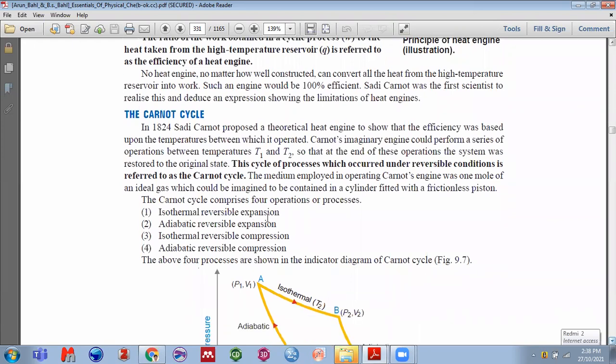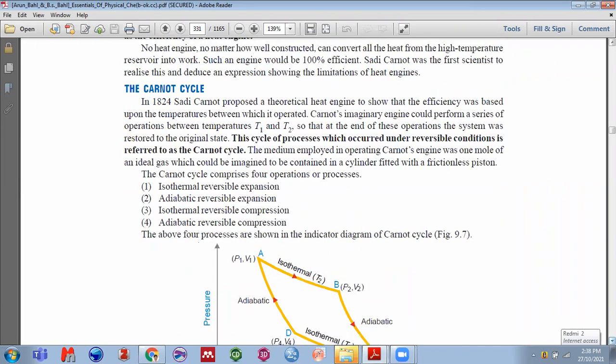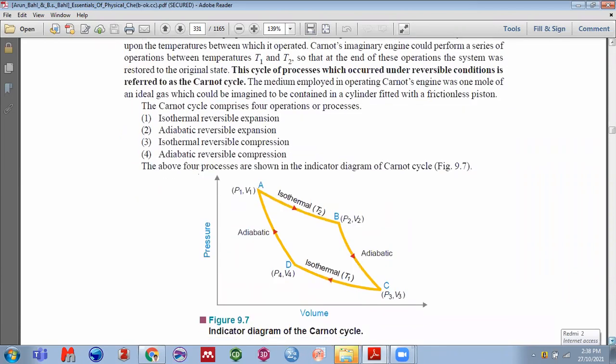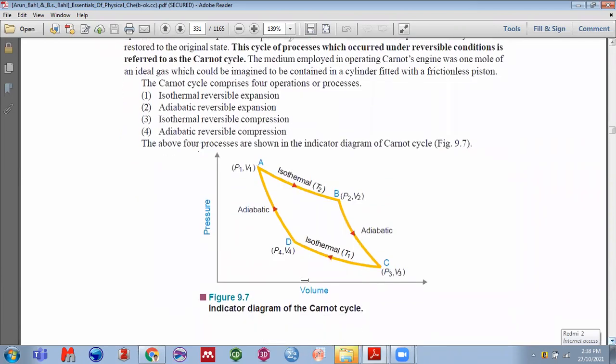First step, isothermal reversible expansion. Look at this figure, pressure versus volume, PV curve. Steps A, B, C, D, 4 steps. First step, isothermal reversible expansion.